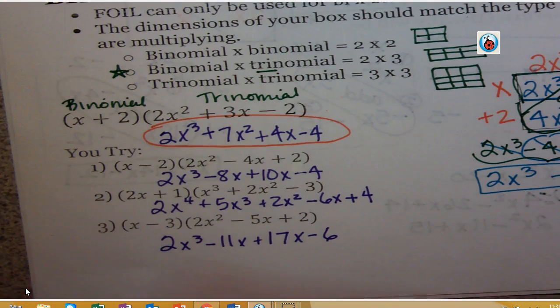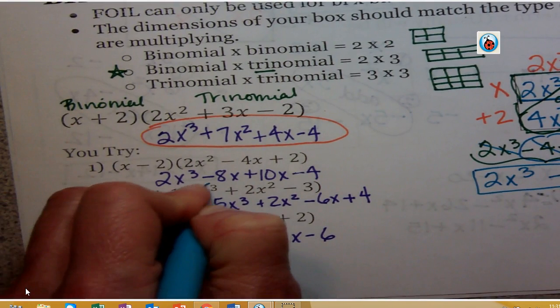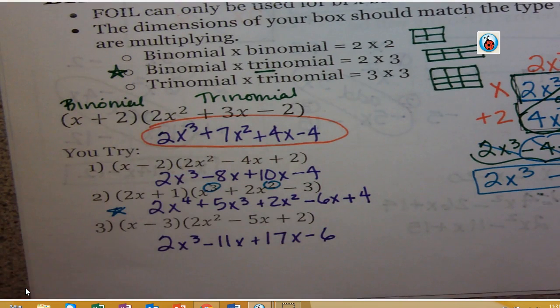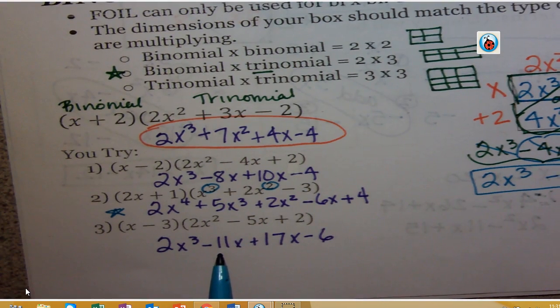Now, this one's kind of interesting because of the fact that this went 3, 2. We did not have a single x variable in the polynomial, but we did have a single x variable in the binomial. So then we ended up not being able to combine the like terms like we thought we would be able to.